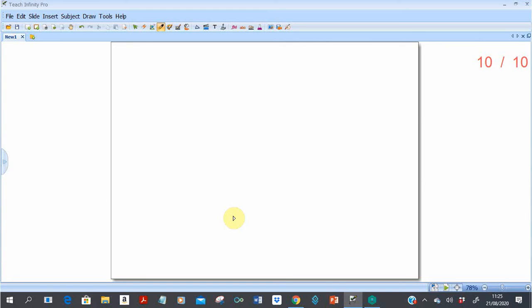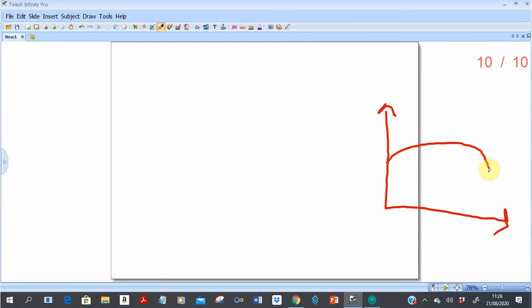In this case, y squared is equal to 8x. Remember that this is y squared equal to 8x, so it's not a straight line. It is a curve.